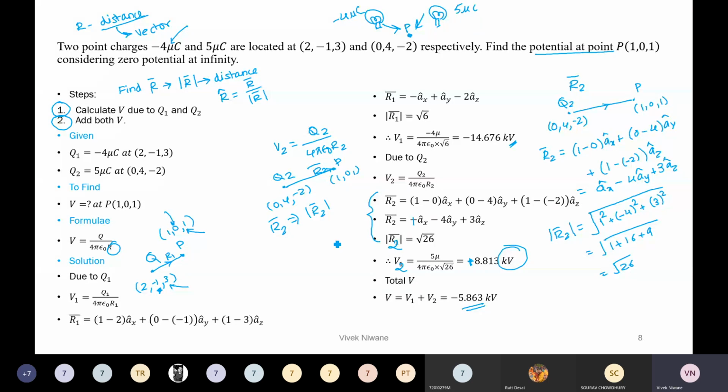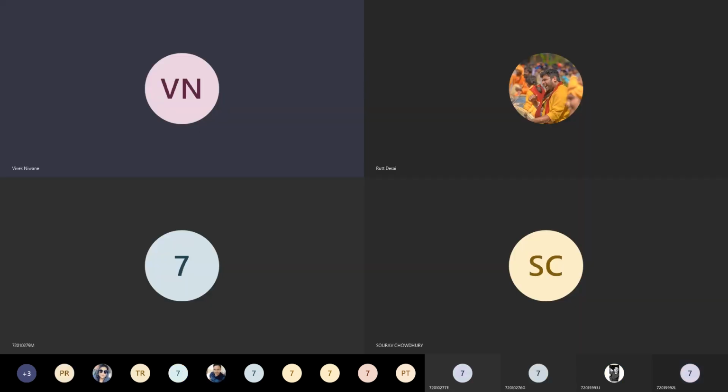We are going to solve a few more numericals in the next session. If you do have some doubt, please ask me, otherwise you won't be able to solve the numericals. You have to practice.